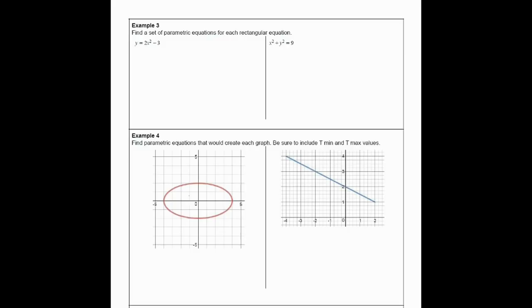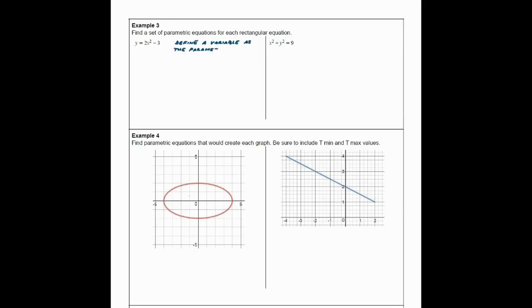So for example 3, what we're asked to do is find a set of parametric equations for each rectangular equation. So now we're not trying to eliminate the parameter, we're trying to go from a rectangular equation to a parametric equation. So for this first example, y equals 2x squared minus 3. I want to rewrite x and y both in terms of a third variable called our parameter. Oftentimes, especially in this case, you might just be able to define one of your x or y variables as your parameter.